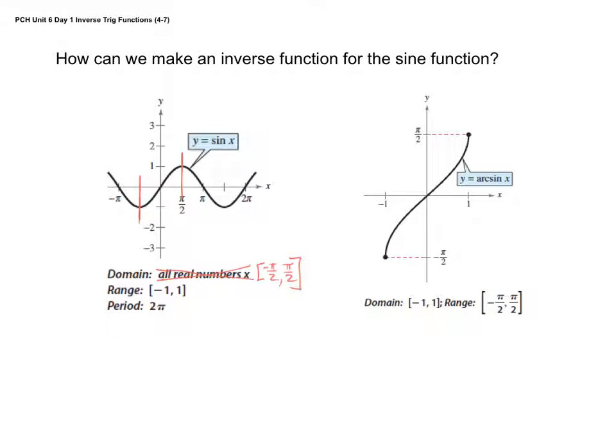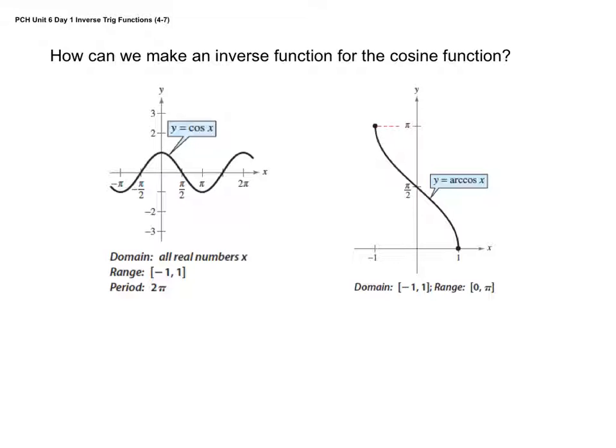Now, the same or similar thing is true with cosine. How could we limit the domain with cosine to make sure it's 1 to 1? 0 to pi. If I go 0 to pi, I get this portion of the cosine curve that passes the horizontal line test and accounts for all of the different values of cosine. So instead of all real numbers, I'm going to make it 0 to pi.